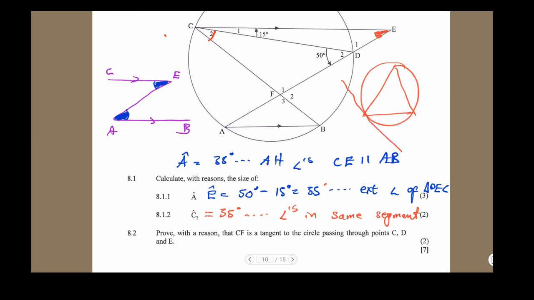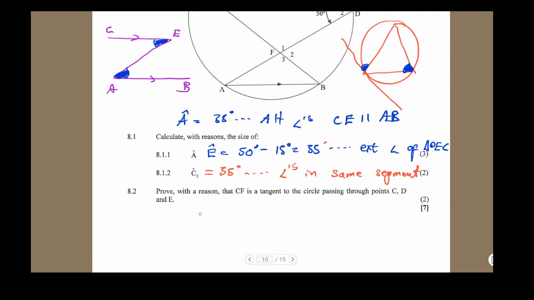So it says that this angle here is going to be equal to this angle here. This is the tan-chord theorem. So if these two angles are equal, therefore we say that CF is a tangent.